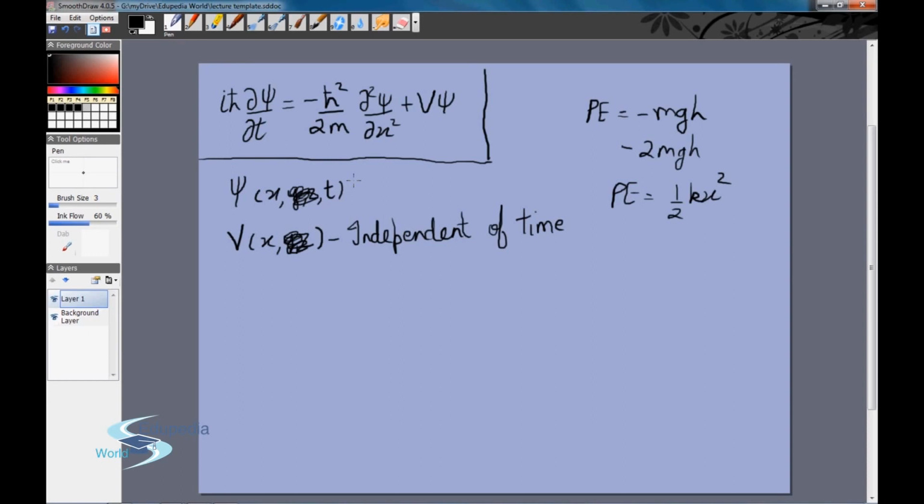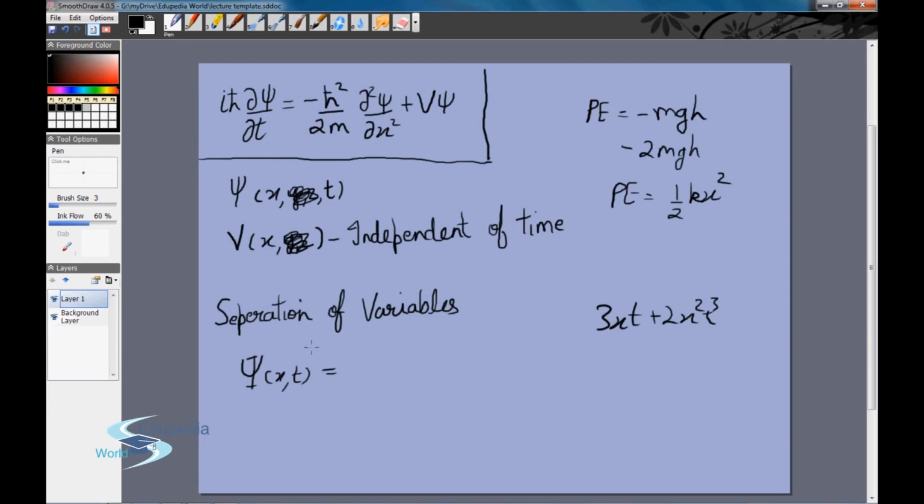So the first step to solve any equation like this is a process called separation of variables. We will not solve the exact equation first. We will solve a simpler version where we assume that psi of x comma t can actually be separated into the two variables, meaning it is not a function of the form 3xt plus 2x squared t cubed. It is a product of two functions, one only of x and the other only of t.